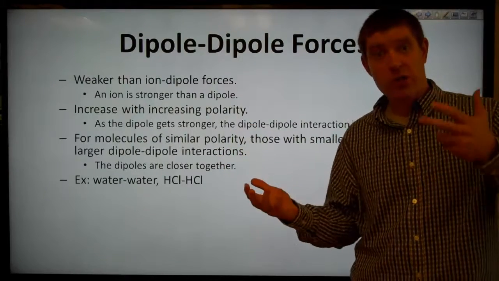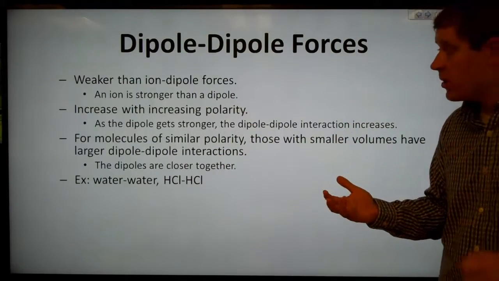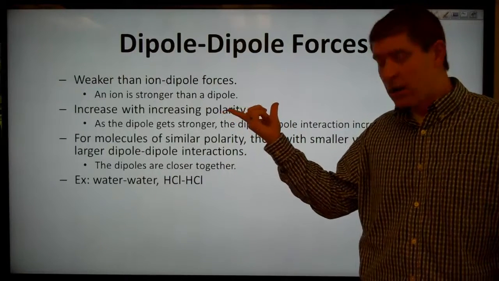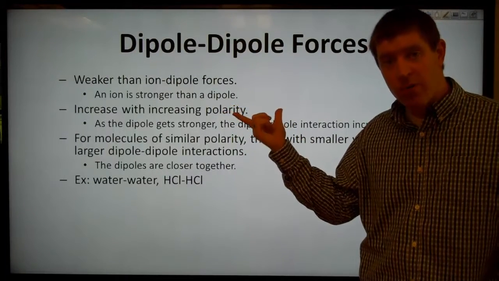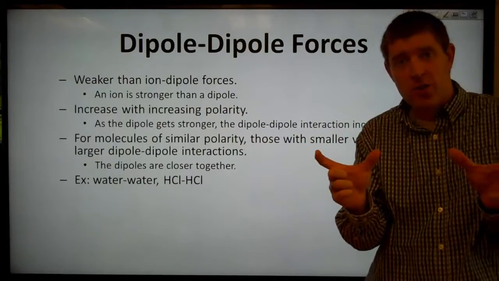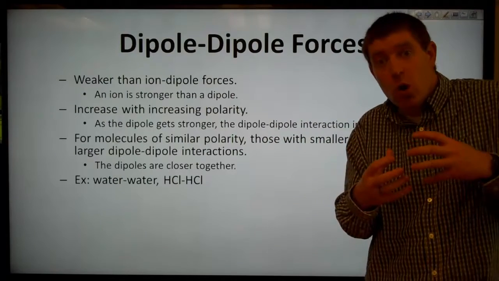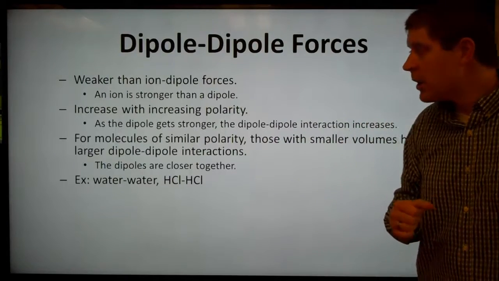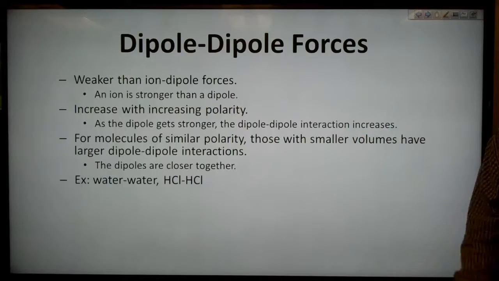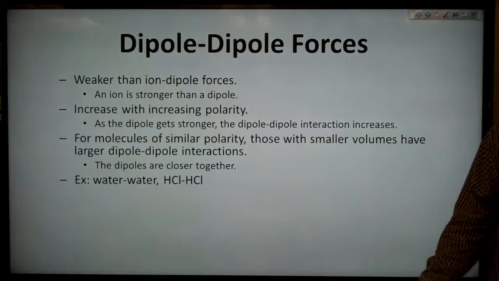You've got a partial with a full, complete charge. So the force is going to be stronger. And of course, our dipole-dipole forces are going to increase with increasing polarity, because then the dipoles get stronger. That partial charge becomes closer to an integer value. And so as the dipole gets stronger, our dipole-dipole interactions will increase.